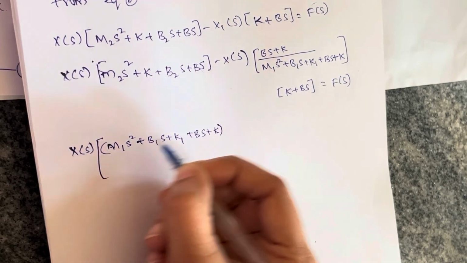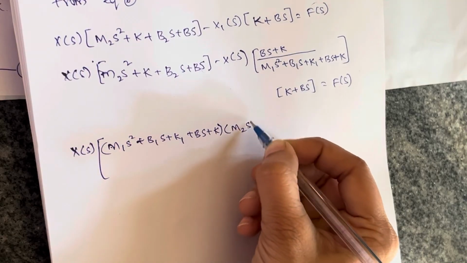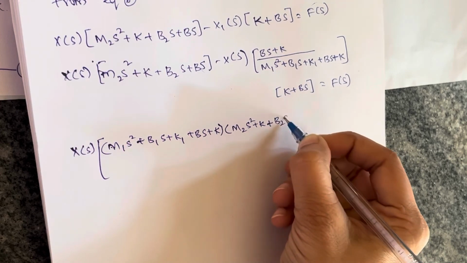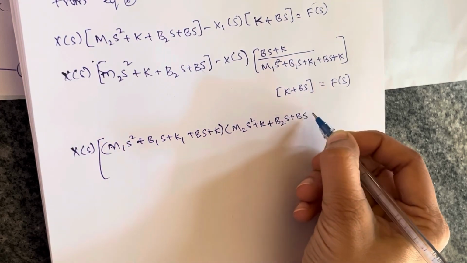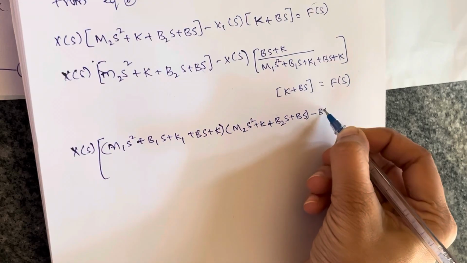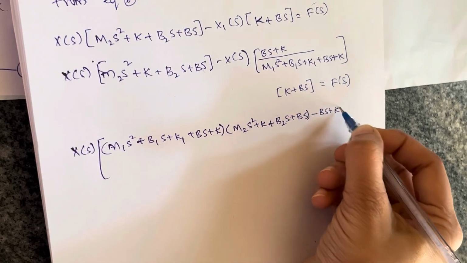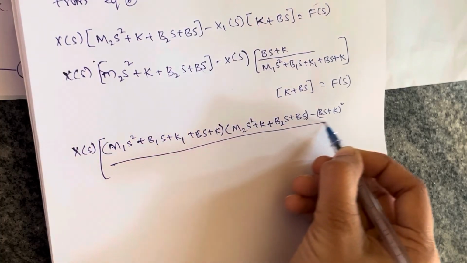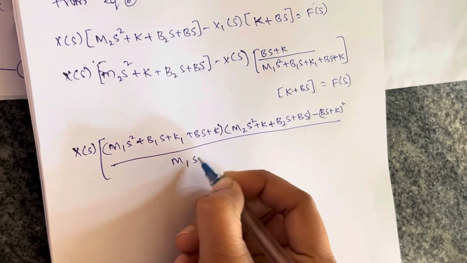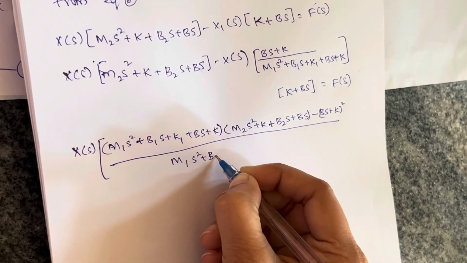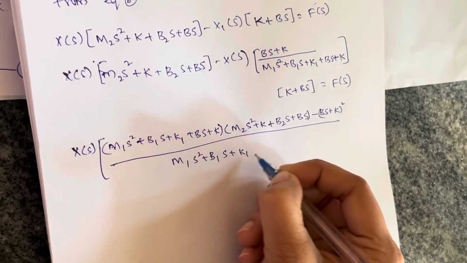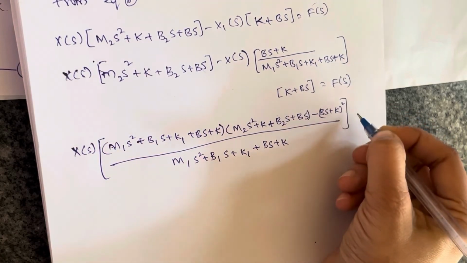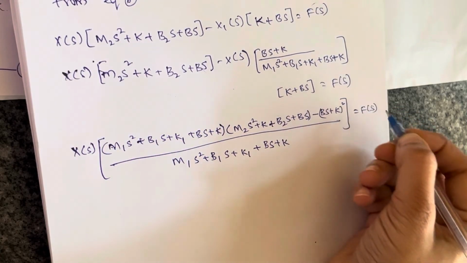This is one term, and the other one is m2 s square plus k plus b2s plus bs minus bs plus k whole square by m1 s square plus b1s plus k1 plus bs plus k, equals f of s.